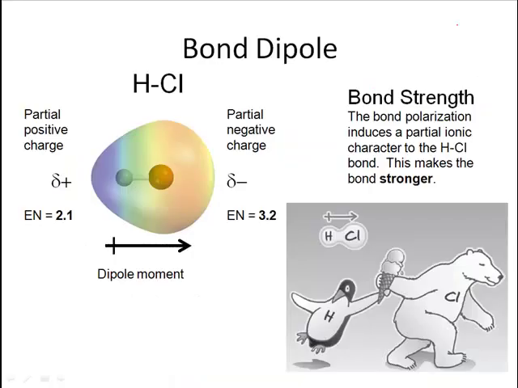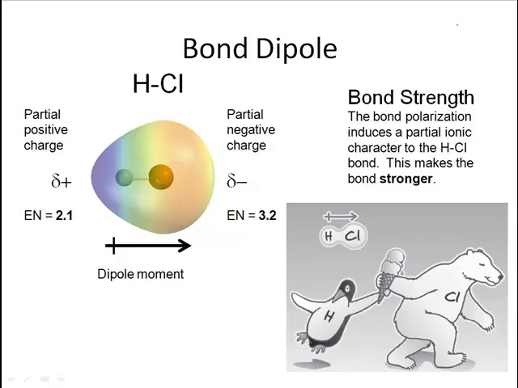Okay? Now, what the electronegativity does is gives us what's called a bond dipole. If we have this molecule here, HCl, here's the H and here's the Cl. The strength of the bond is determined by the electronegativity difference. So, which one has a greater electronegativity, Cl or H?